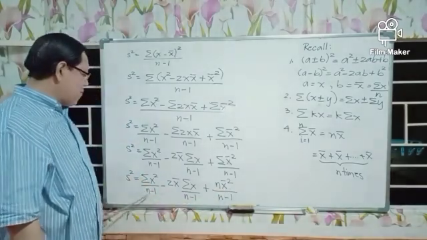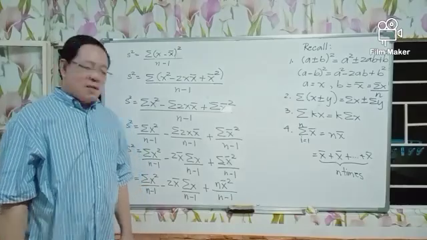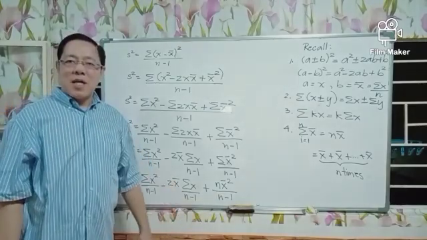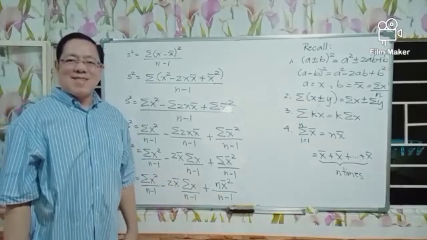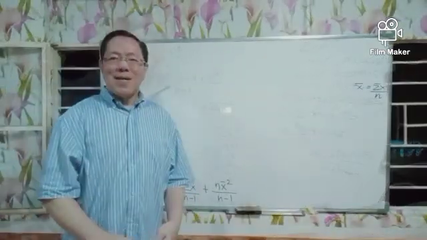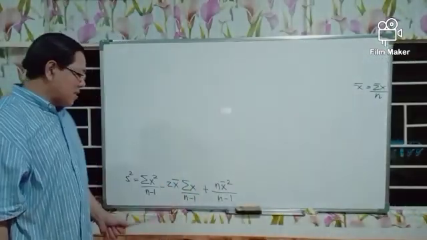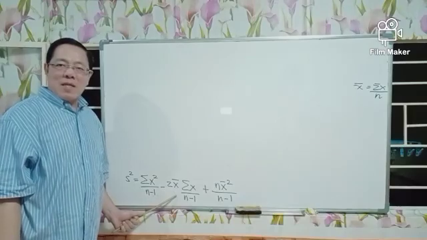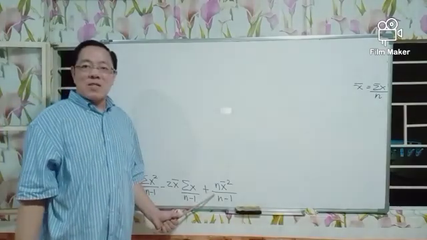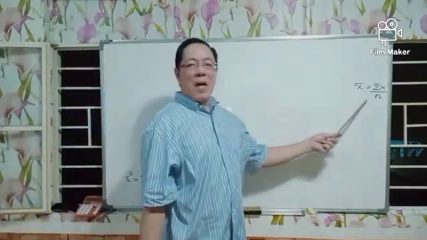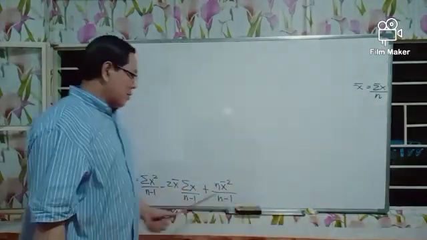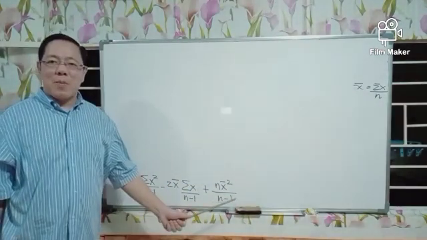We continue by replacing x bar in the second term and x bar in the last term with summation of x divided by n, and then we simplify this trinomial.